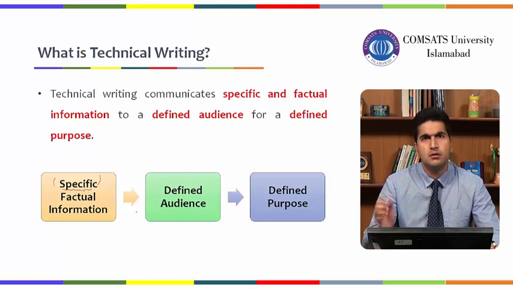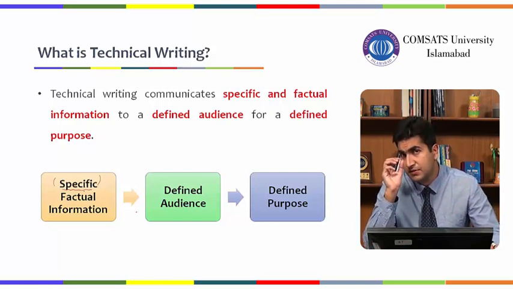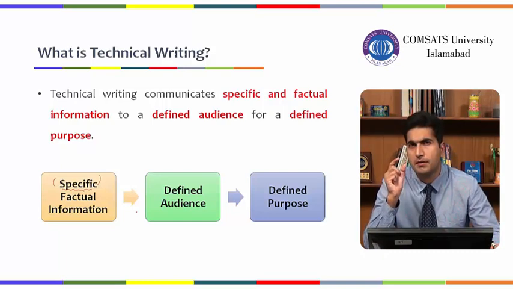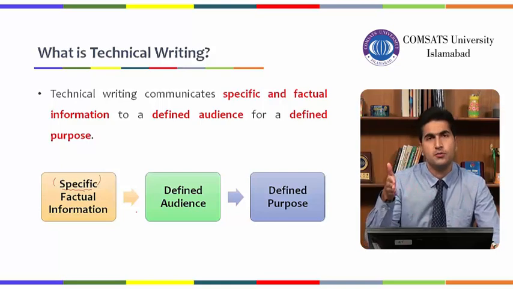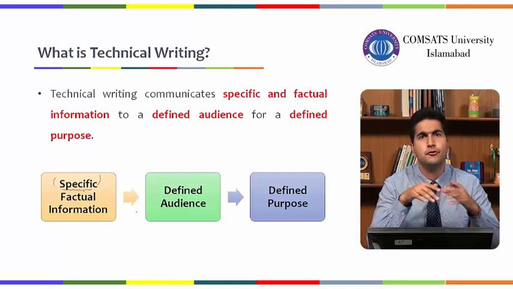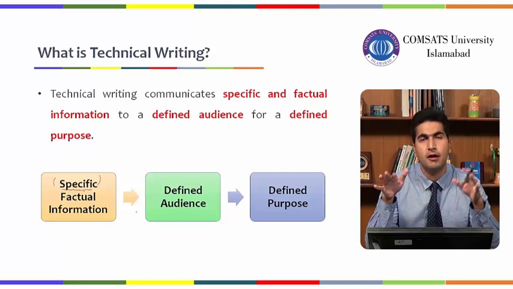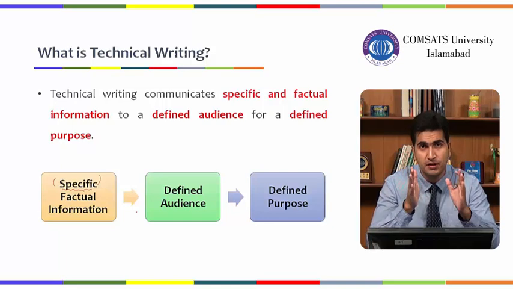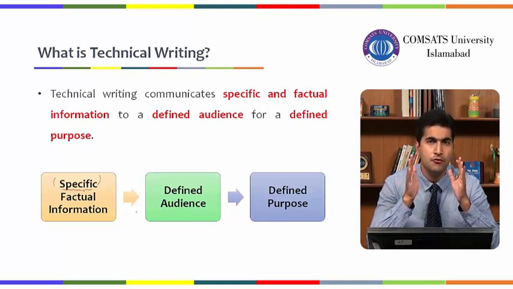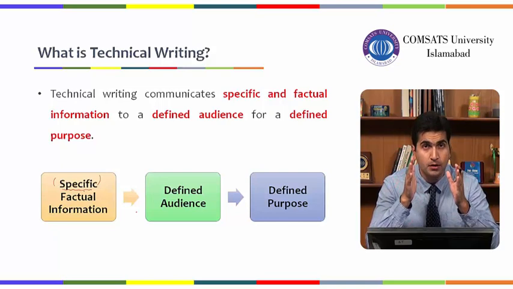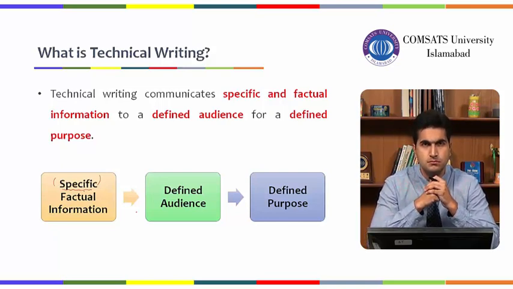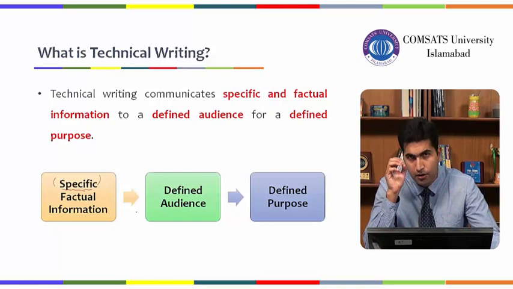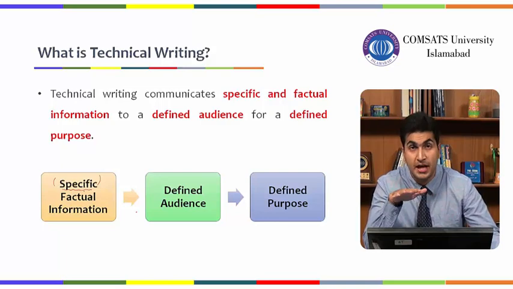But when we say we need specific information, that means that you have a subject, you have a subject matter, you have a topic, and you have to stick to that topic rather than going into the accessory details which may divert and distract your audience. You have to keep things very specific. You have to stay and restrict yourself to the particular topic that you are dealing with. That is how you make your content and your writing more specific rather than being more generic and general.